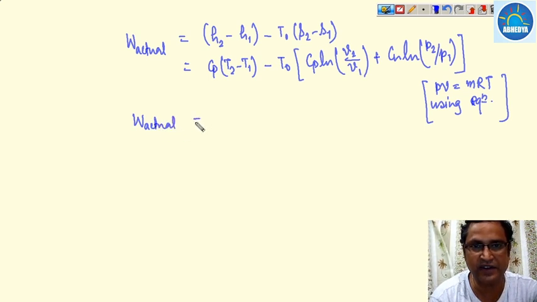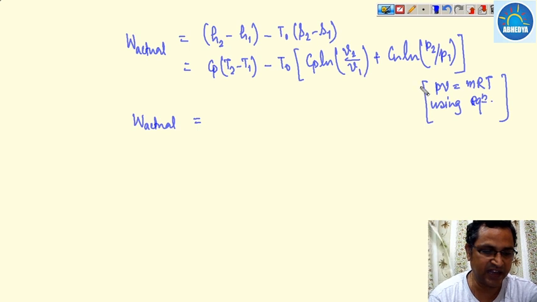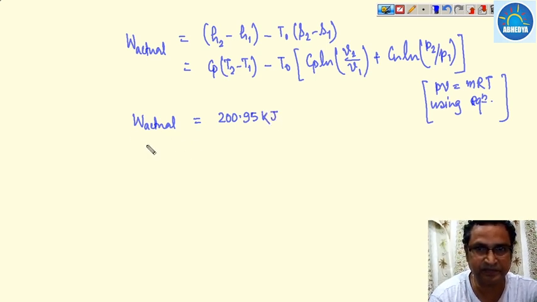So I have calculated this actual work by putting in all these values, and the actual work has come out to be 200.95 kilojoule. This is the actual work that has been done.